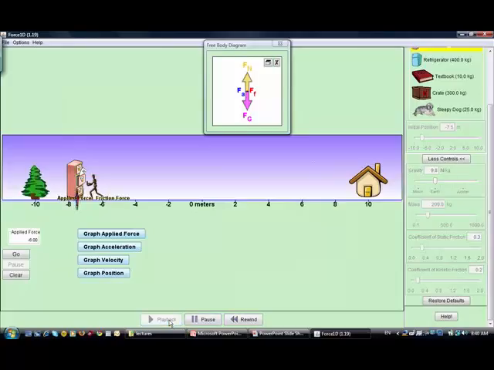Okay, let's look here. So this is again a replay of what I did. It's taking a little bit more time than I want. But anyway, as I increase my applied force, the friction force increases.